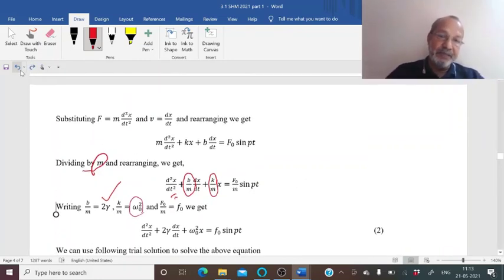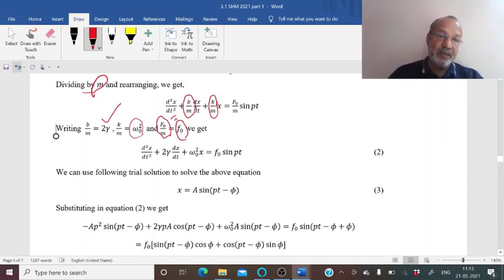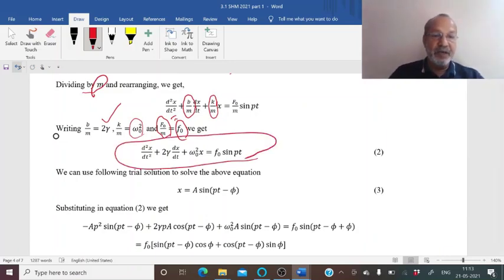F0 is the amplitude of the driving force, and let us take F0 by m as small f0. So we finally arrive at this particular equation, which is a second order differential equation with constant coefficients and inhomogeneous.